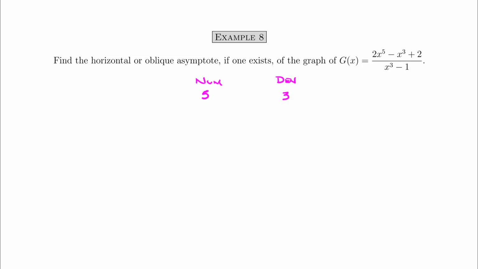Going back to the notes on page 5, note number 4 says that if the degree of the numerator is 2 or more than the degree of the denominator, then there is no horizontal or oblique asymptote. And here we note that the degree of the numerator is exactly 2 greater than the degree of the denominator. So this one has no horizontal or oblique asymptotes.